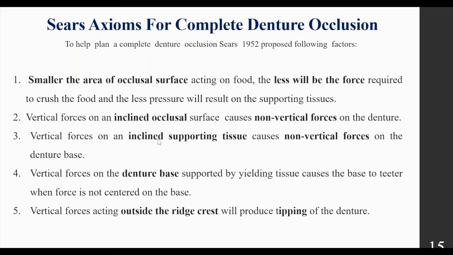If vertical forces are applied on inclined supporting tissue, this will cause non-vertical forces on the denture bases. Vertical forces on the denture base supported by the yielding tissue cause the base to tilt when the force is not centered on the base.